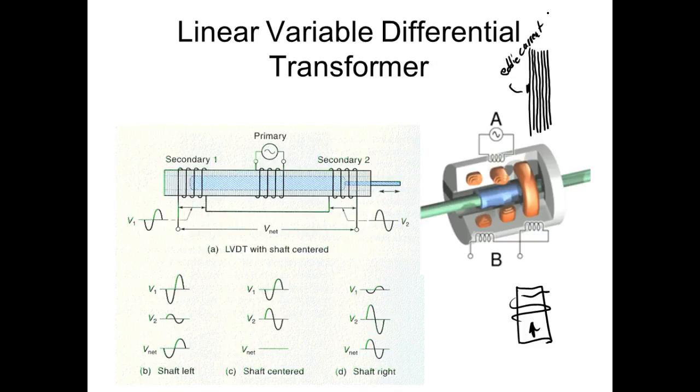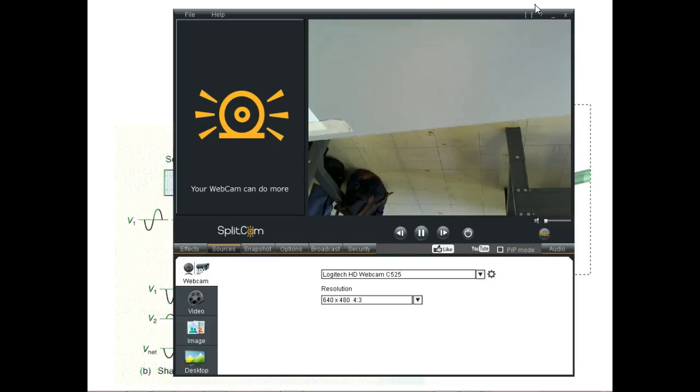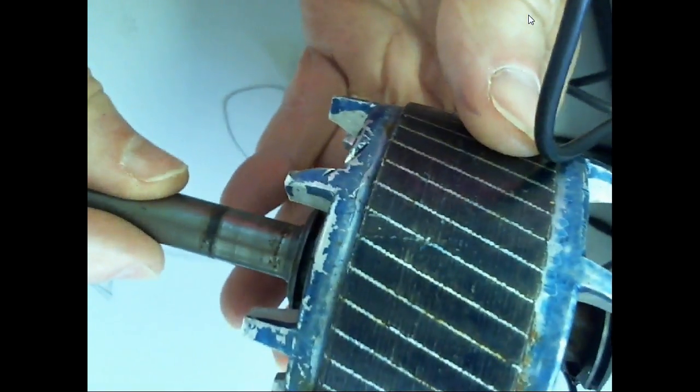I don't think the camera is going to pick up the laminations. Put this against something so it doesn't roll off. Yeah, we can see them.